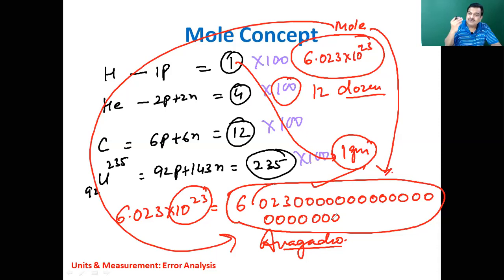If I say what is 1 mole of carbon, so it is very simple. What is the atomic mass of carbon? 12. So they said 12 gram of carbon contains this much number of atoms of carbon. So 12 gram is the gram atomic weight of carbon, which is equal to 1 mole. Got it? तो 1 मोल का मतलब क्या हुआ बेटा?